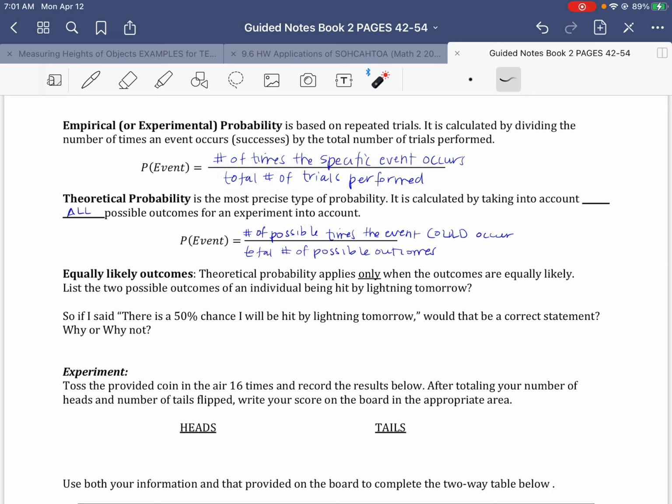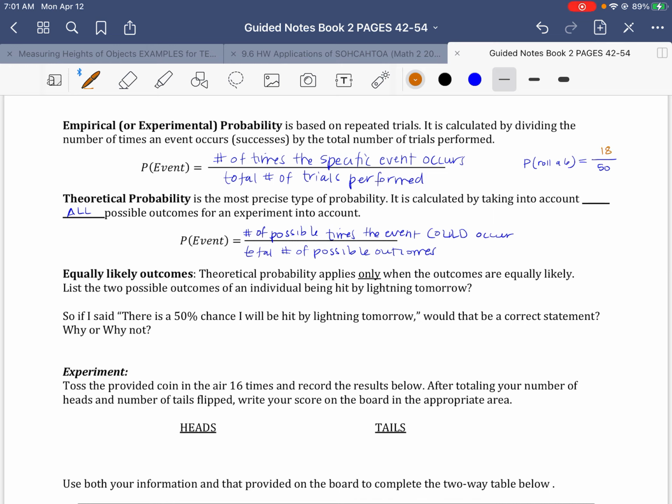So if you rolled your dice 50 times, and I'm going to write this off to the side, the probability you roll a 6. If you rolled the dice 50 times, that would be your total times you performed the experiment. And then maybe you saw a 6 18 times.